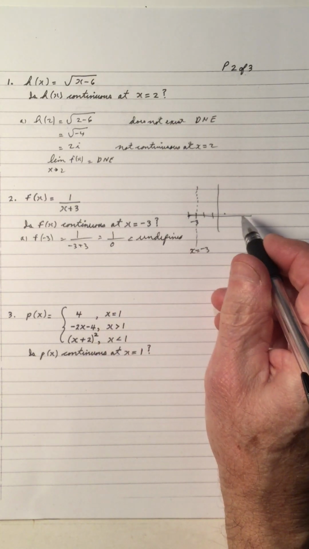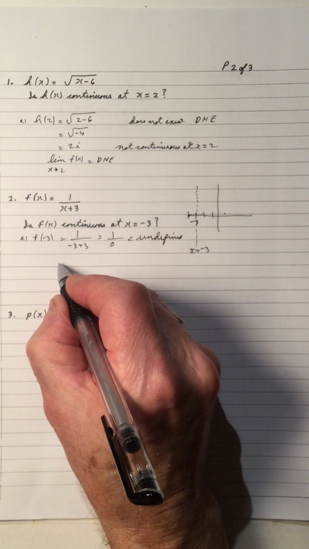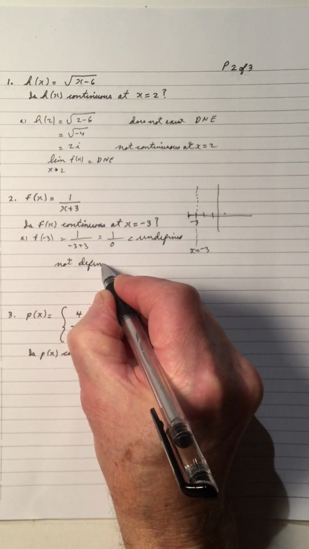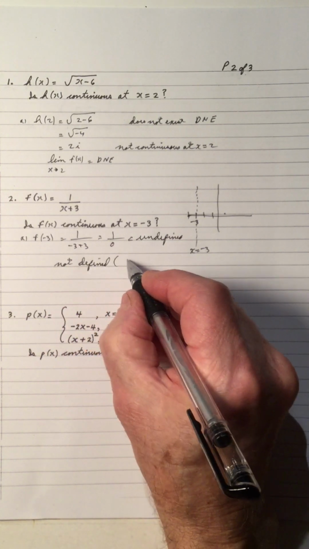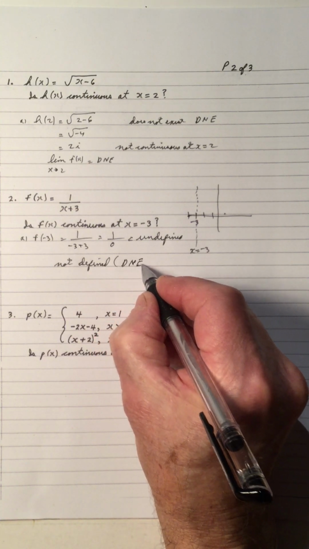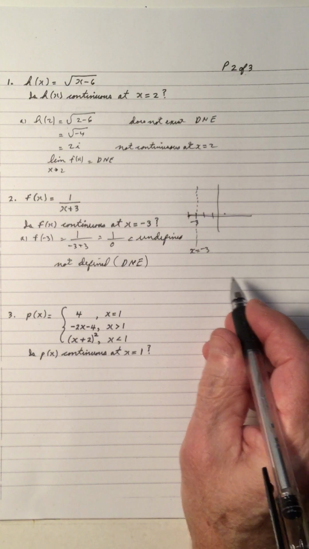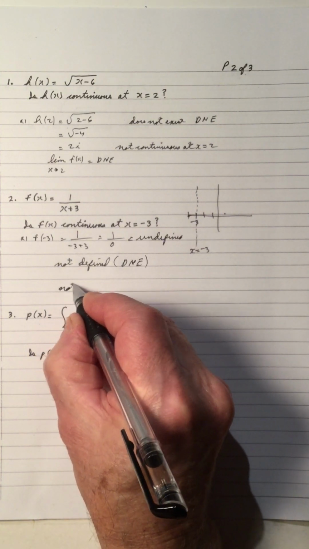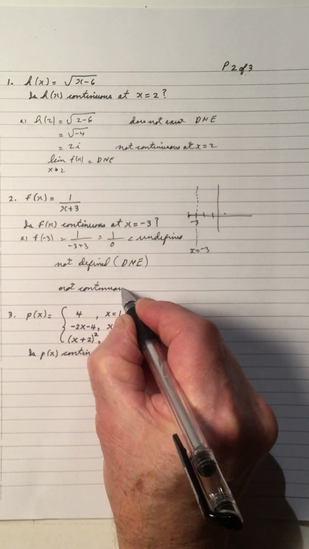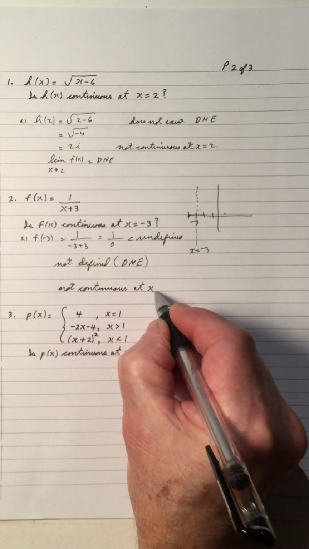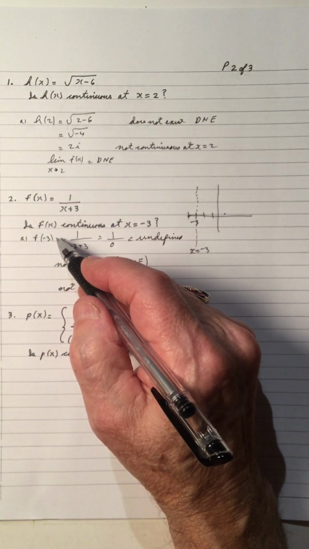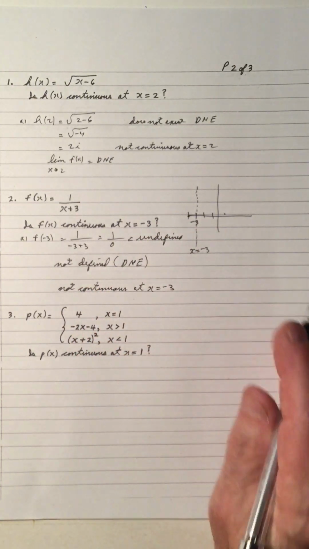It's undefined, so it does not exist. So it's not continuous at x equals negative 3. It broke down in the first condition: it's not defined.